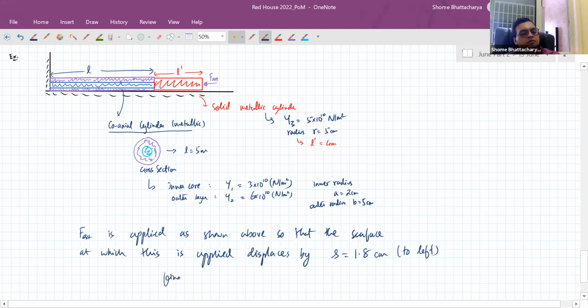So we want to find out how much external force is there, then the stress in each of the materials, and we also want to find out the displacement of the junction.